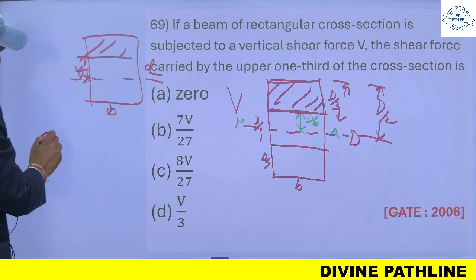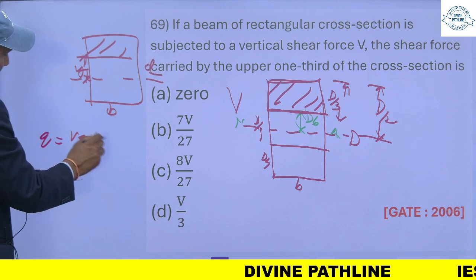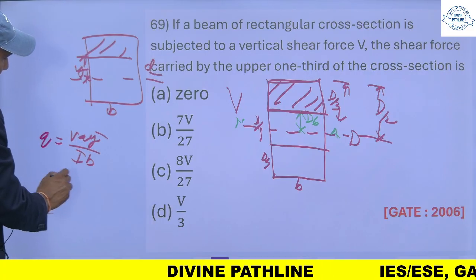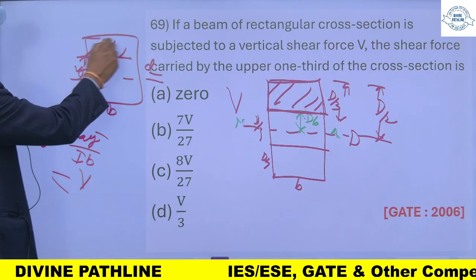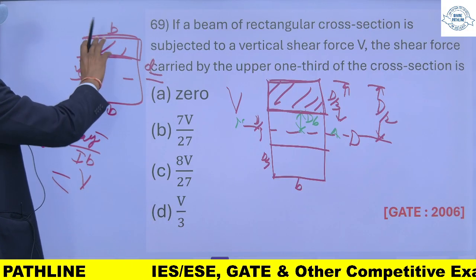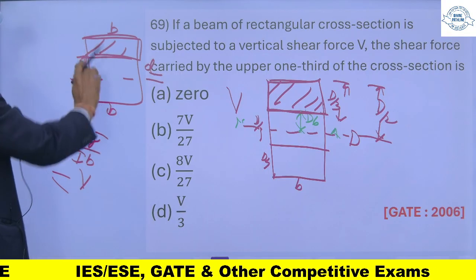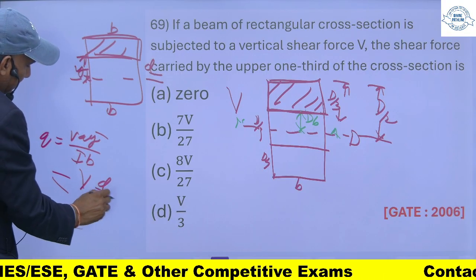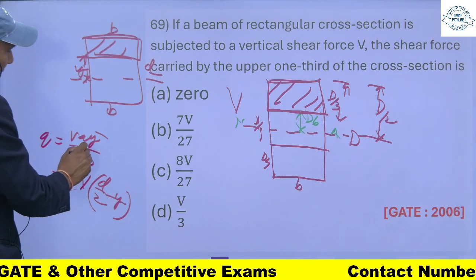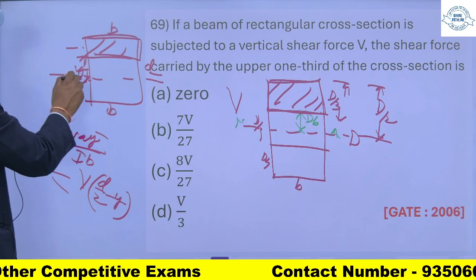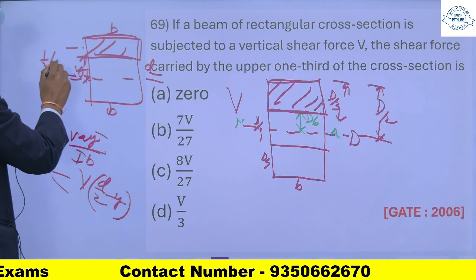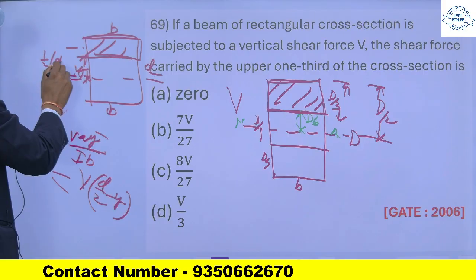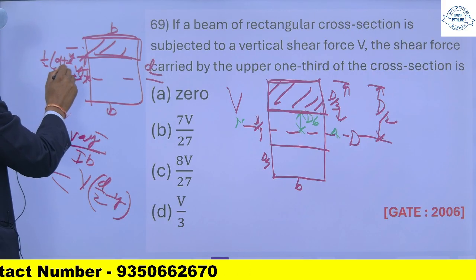So q is equal to V A y bar upon I b. This is the formula. V is the shear force, A is the area of this portion. So this is b times D by 2 minus y, and its distance from the neutral axis, this is D by 2 and this is y.